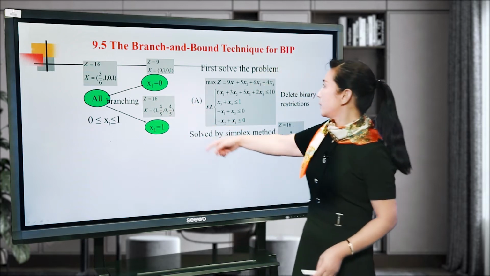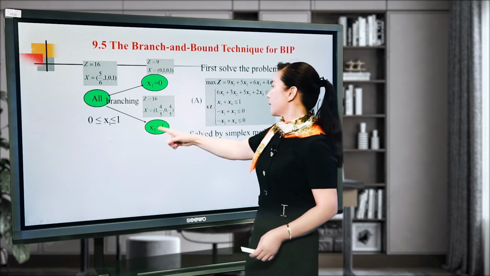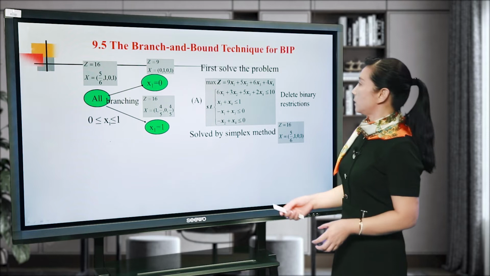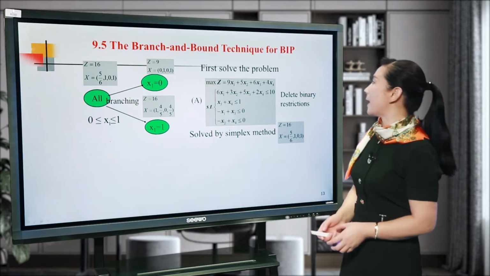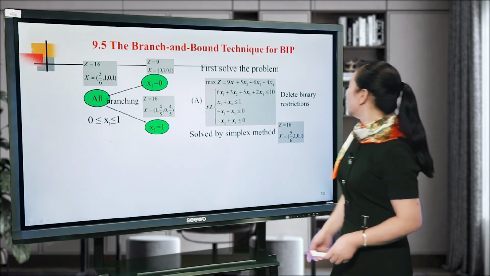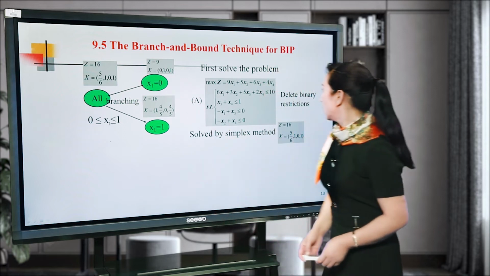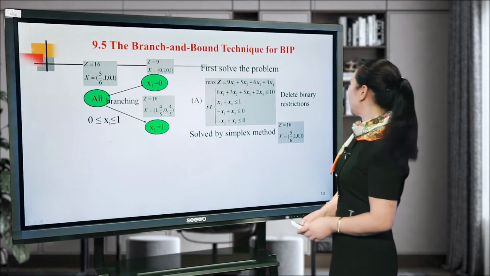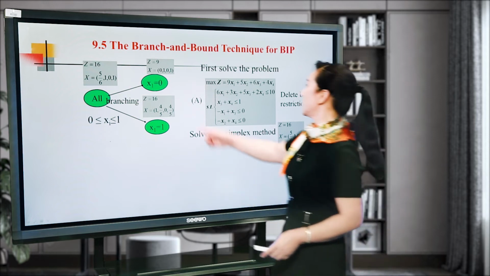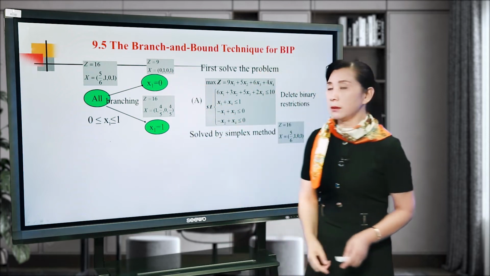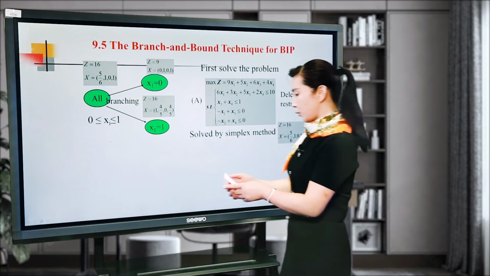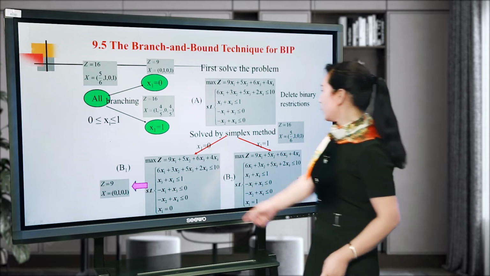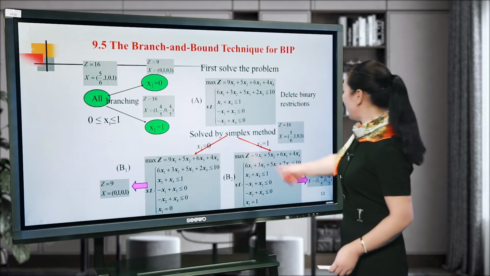We set x1 equal to 0 and x1 equal to 1, dividing into two subproblems and deleting the other variables' binary restrictions. So this is LP model 2, and we get these models B1 and B2.